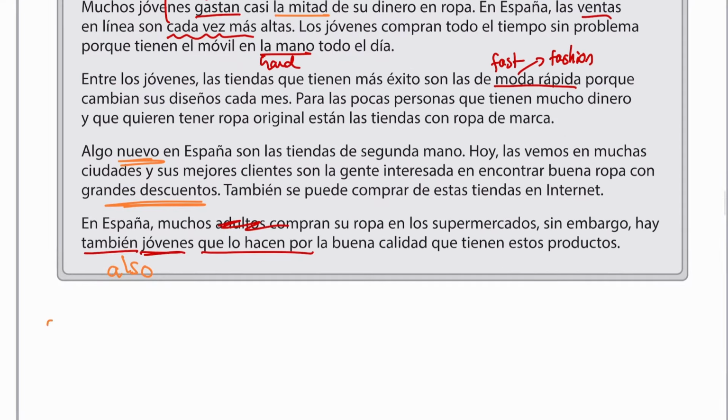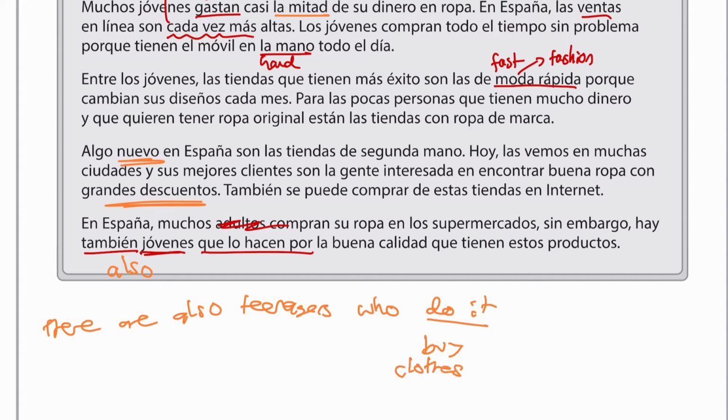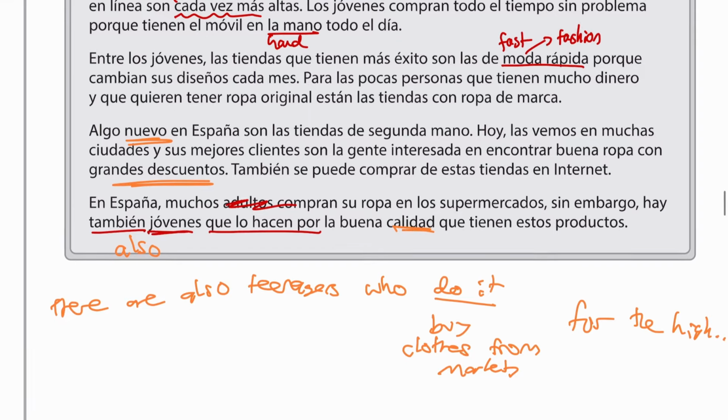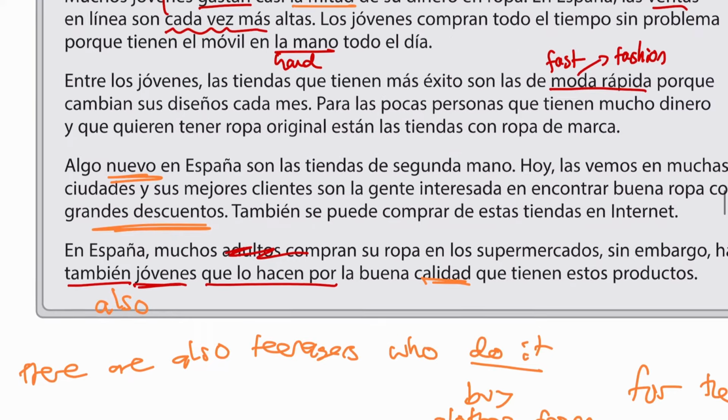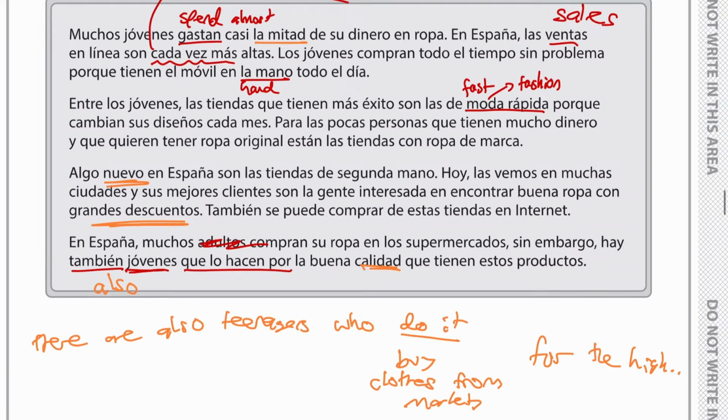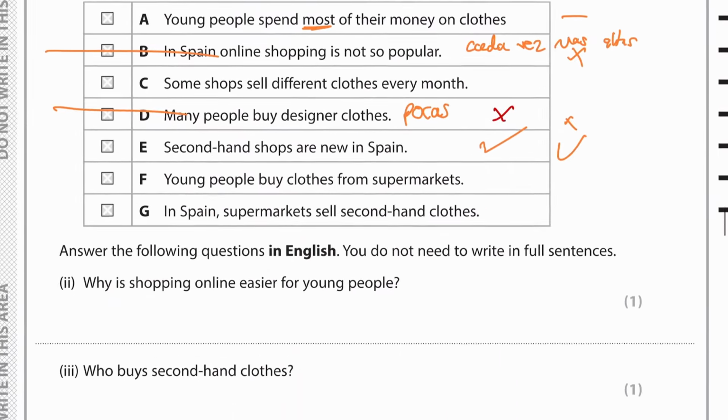Okay, there are also teenagers who do it, aka buy clothes from supermarkets for the high quality. Okay, la buena calidad. I said the word calidad earlier on as well. So it gets tricky because they're mentioning jóvenes in the second half of the sentence, but the answer to that one is correct. So we think F is correct.